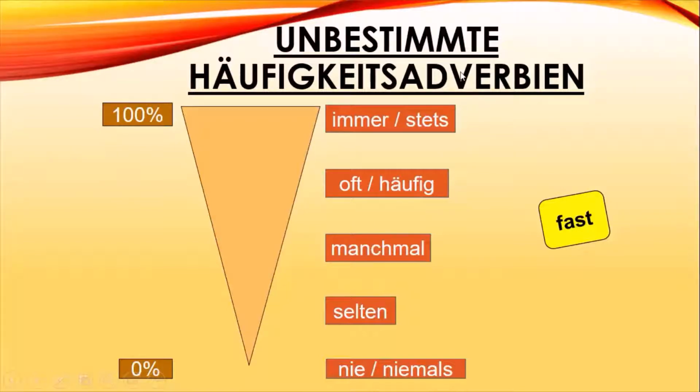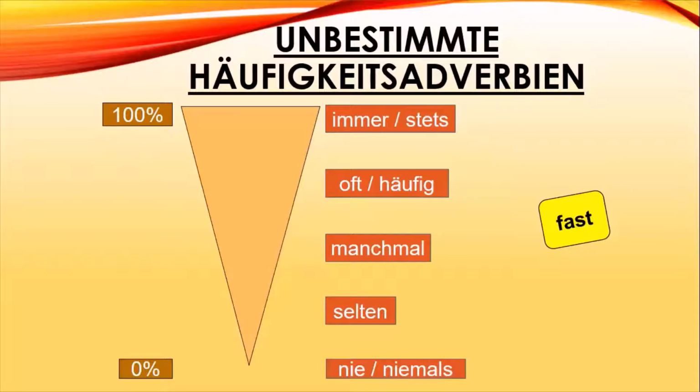These adverbs of frequency are called unbestimmt or indefinite because they do not show a particular time period. Instead, these adverbs will generally show how frequently you do some action or activity.